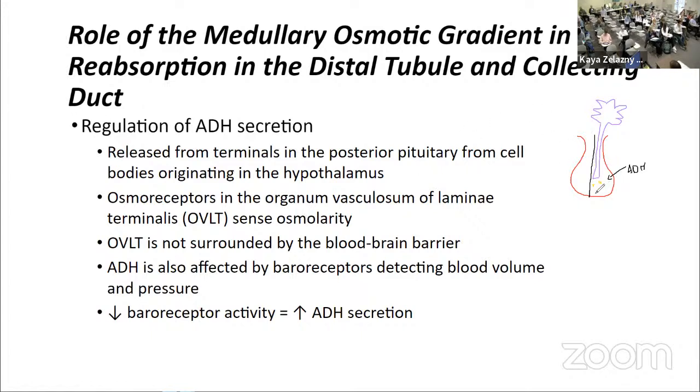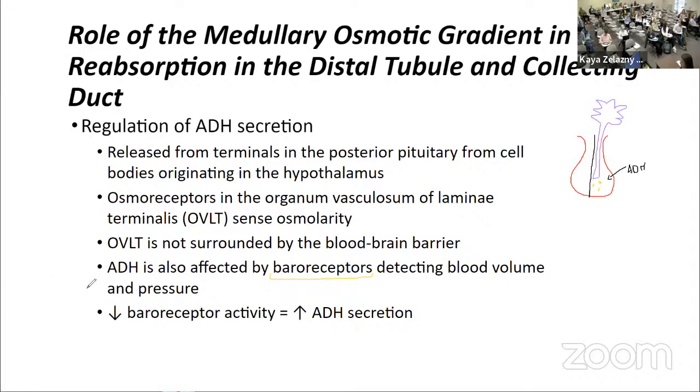Okay. So the other thing that's going to tell us maybe we need to release some ADH is our baroreceptors. The baroreceptors we talked about when we were talking about maintaining blood pressure, right? So these are sensing blood volume, blood pressure. We had some in our arteries, we had some in our veins.